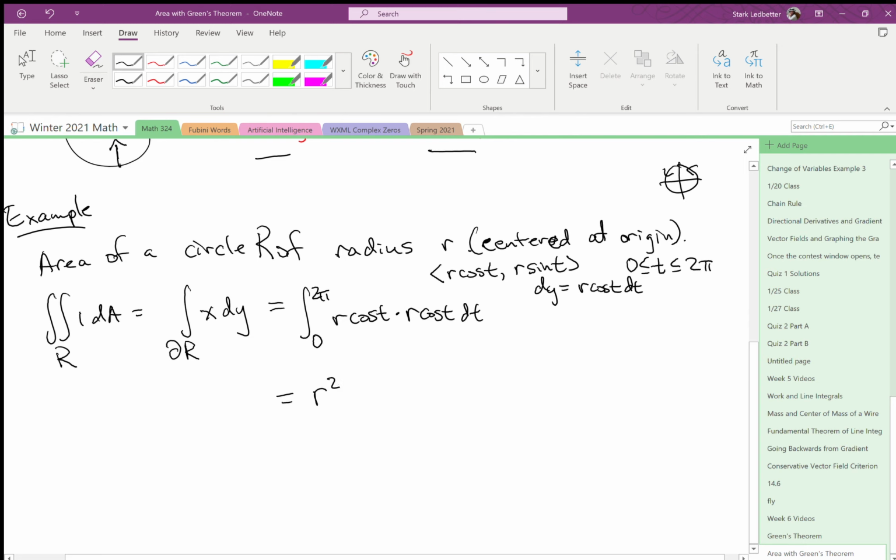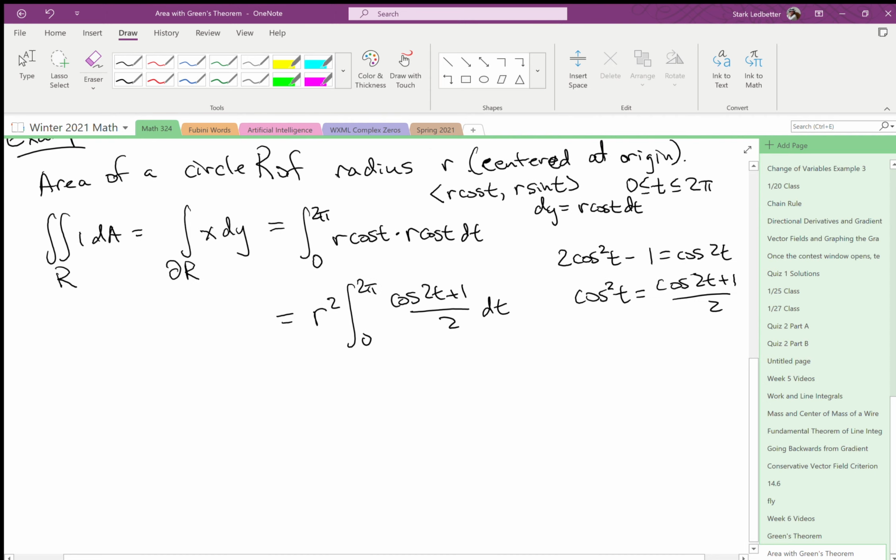I can pull out an r squared as a constant, and then I'm integrating from 0 to 2 pi of cosine squared t, which, if I look at this trig identity, we should be pretty good at this now. I can solve for cosine squared t is cosine 2t plus 1 over 2. So I'm integrating from 0 to 2 pi of cosine 2t plus 1 over 2 dt.